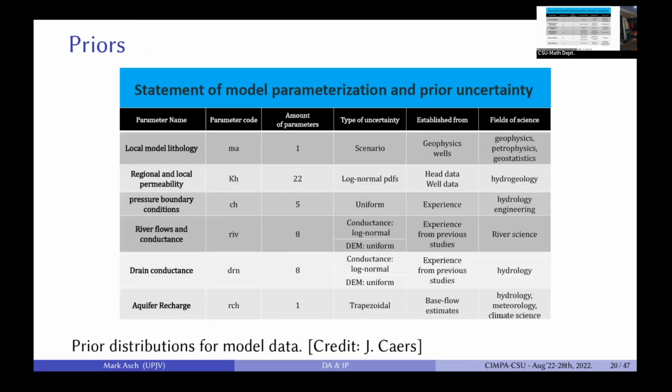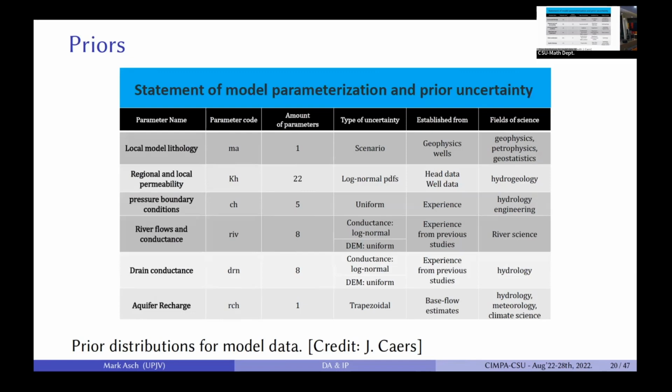I spoke about the fact that we need prior information. Have a look. In geology, there's a lot of stuff known about different lithology, which has to do with the structure of the rocks, permeability, boundary conditions, river flows, drains, aquifer recharges.